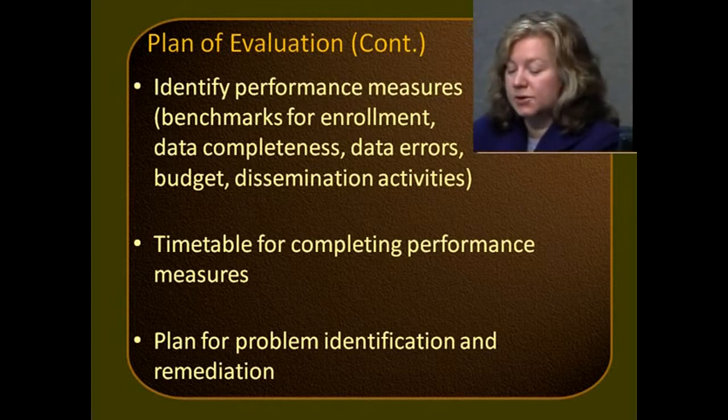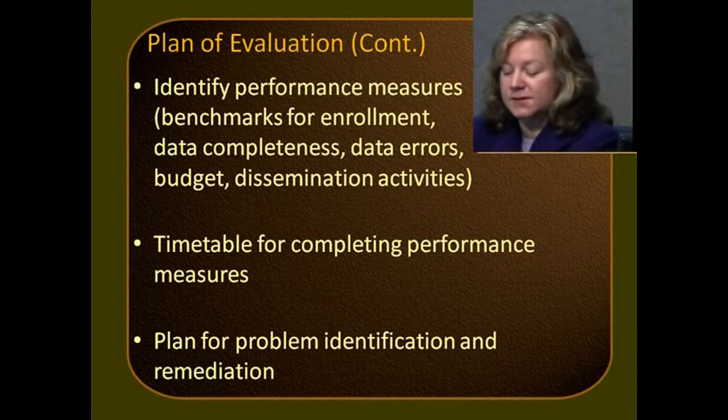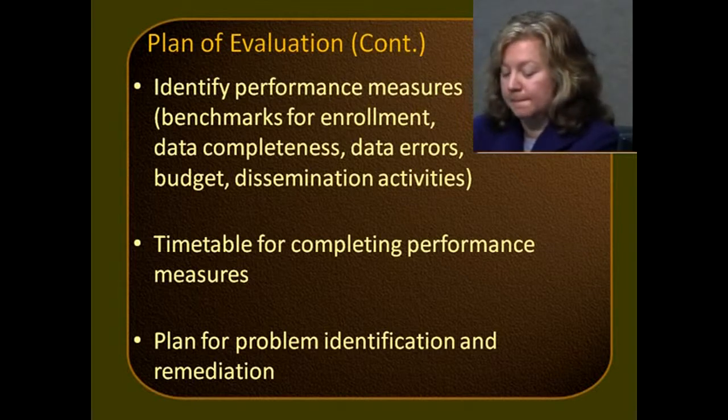Completeness of your data collection forms: less than 5% missing data, and error rates of data collection and data entry. Again, setting a benchmark of less than 5%. And finally, any dissemination activities, the annual number of publications, presentations, other products that are developed as specified within your proposal.